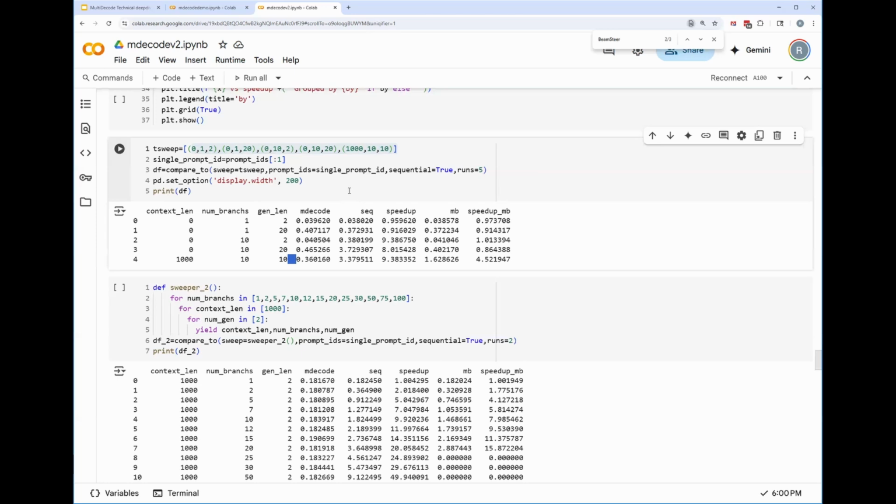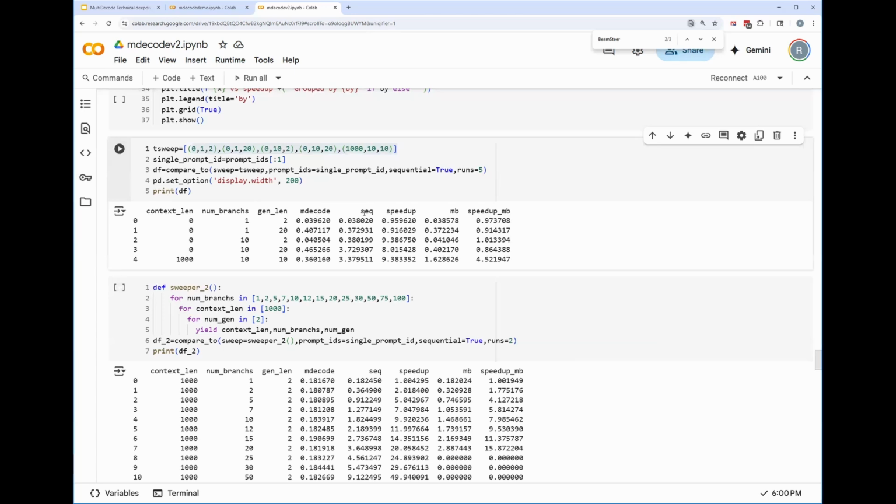It's just basically this number divided by this number is the speed up. Okay. And likewise, where you see it's slower, it's because num branches was 1, so it wasn't actually multi. So there's all this extra bookkeeping, and we're still only generating 1 token at a time. So that's why it loses. Oh, okay, that makes sense. I see.